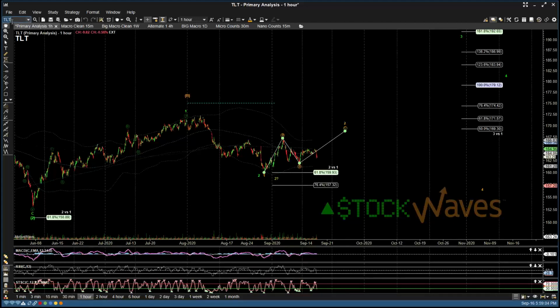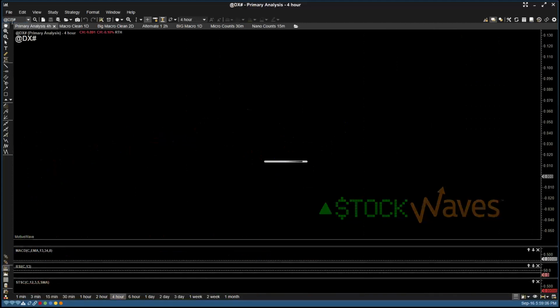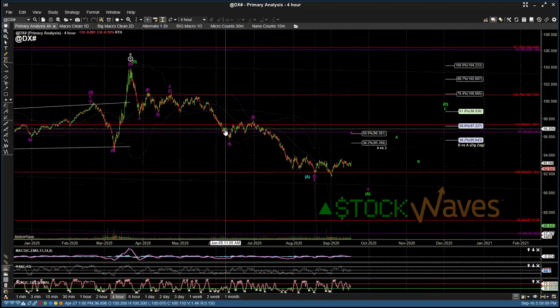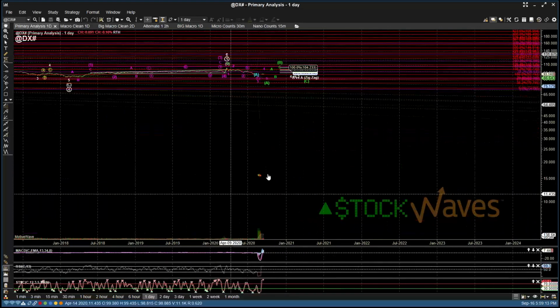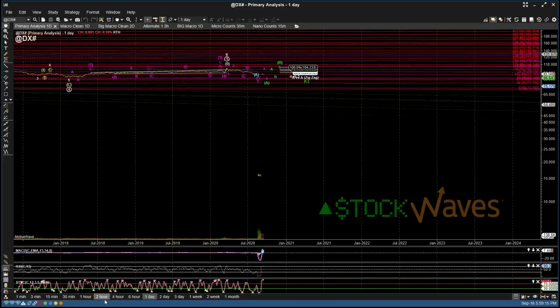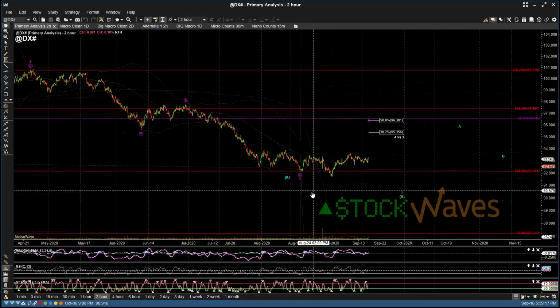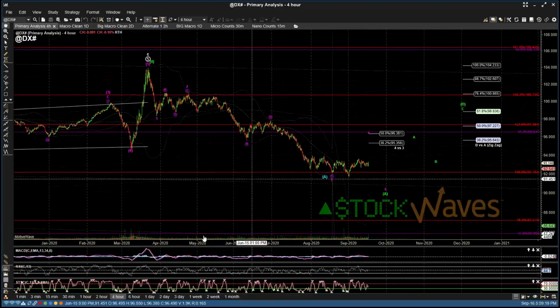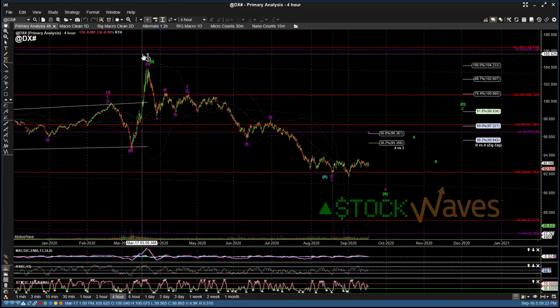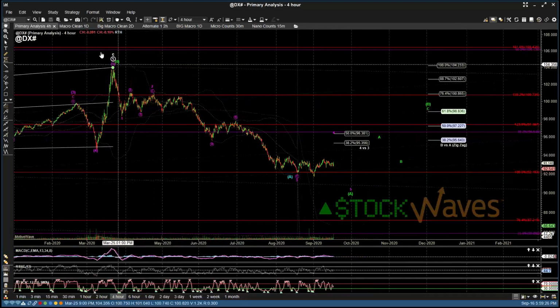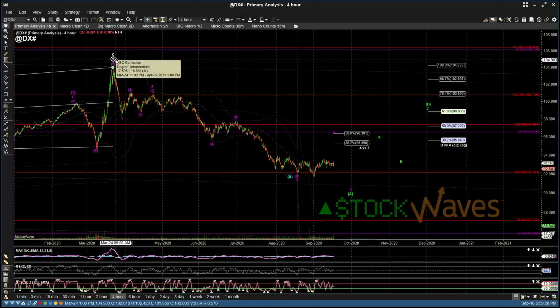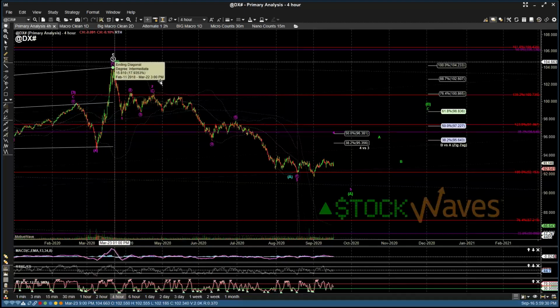All right, and somebody requested to look at the DX. I think we do often look at the dollar. I'm not a fan of the subwave count. Oops, something weird's going on with my price data there that I can't zoom out at the moment. I have to fix that. I think that the March peak that the dollar hit was a more significant top for a while in the dollar.